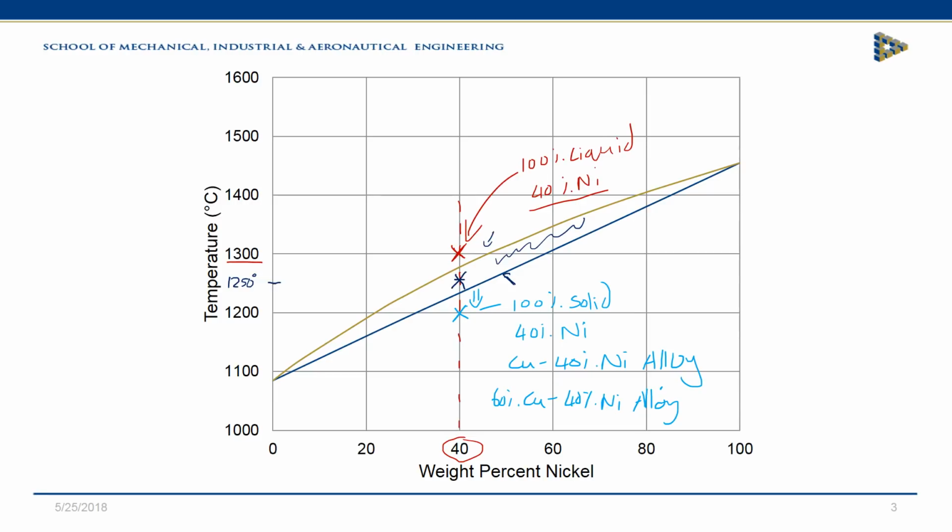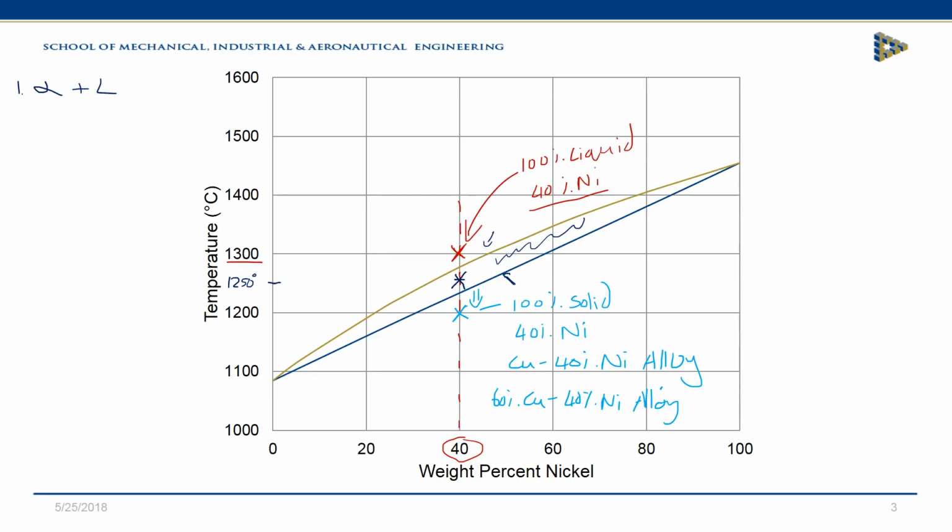Okay. So because I'm in this region, I know a couple of things. The first thing I know is that I'm going to have a solid and I've got liquid, right? The question becomes, what is the composition of the solid and the liquid at this point?